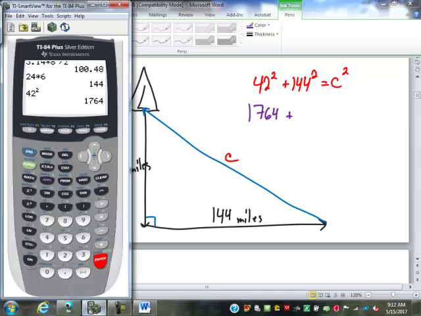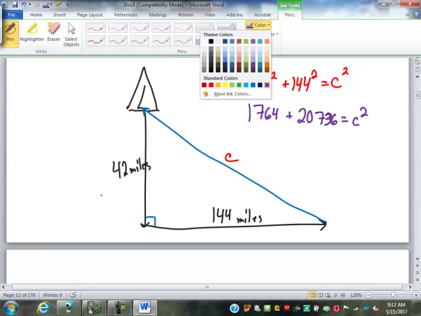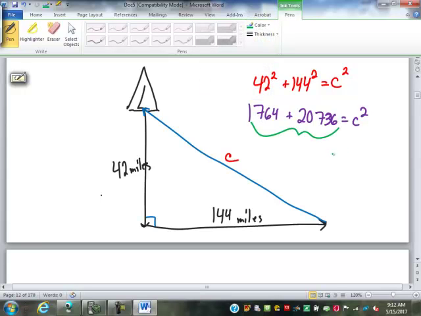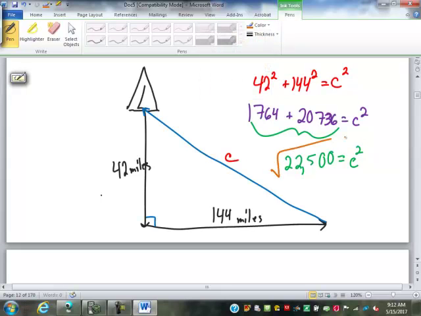How about 144 squared? 20,736 is correct. If I add those, wait, 22,500 equals c squared. So my final step would be to square root it, would be 150, right?